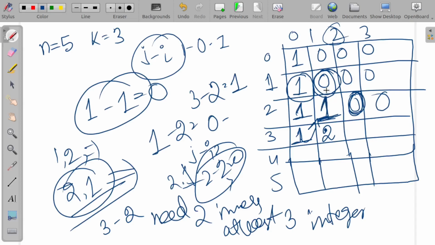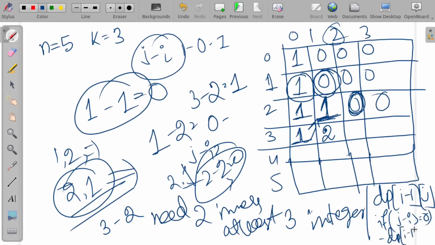Hold on. In the previous logic, what is happening is that my logic is dp of i minus 1, j, and if j minus i is greater than or equal to 0, in that case I will deduct that value, dp of i minus 1 of j minus i.